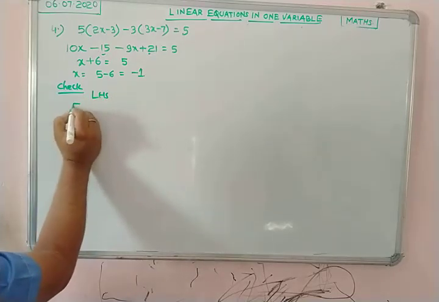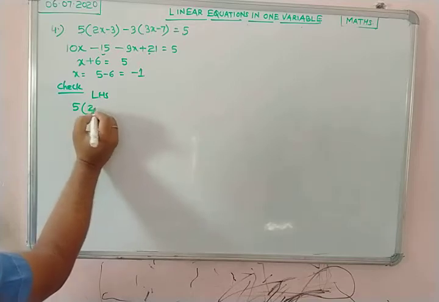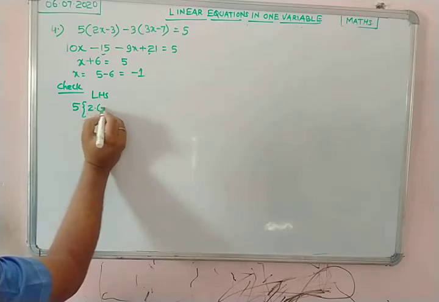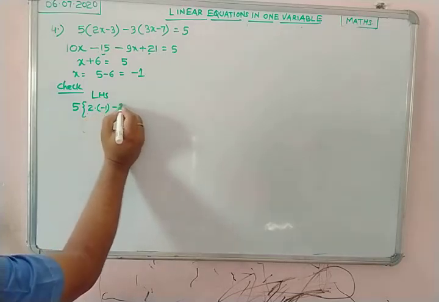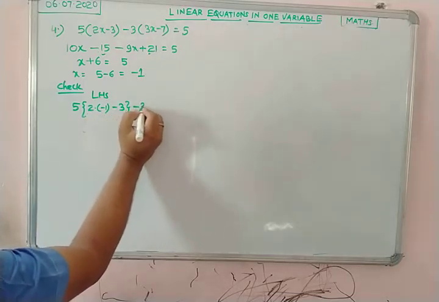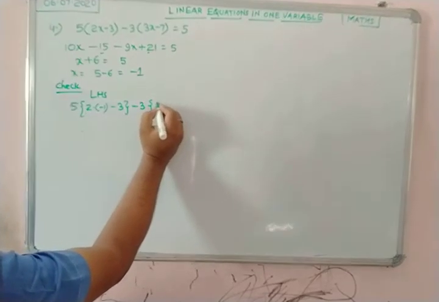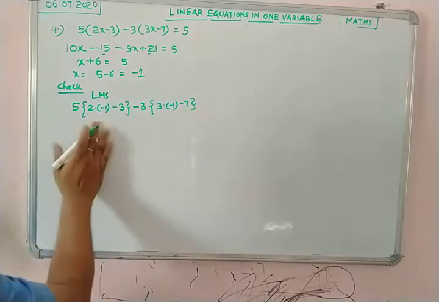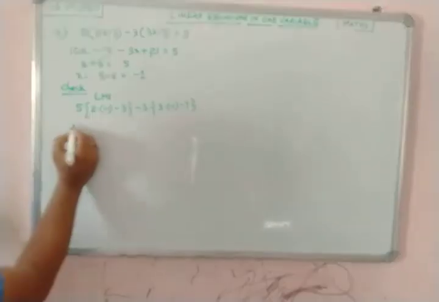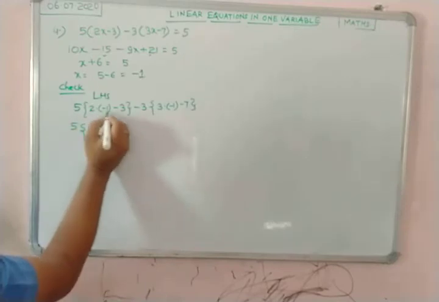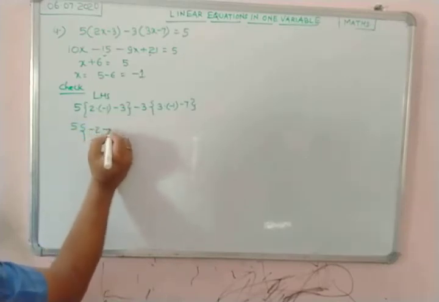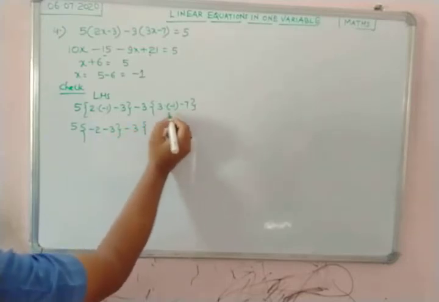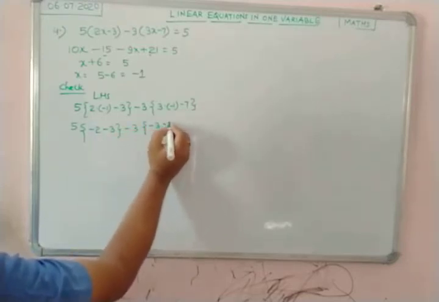LHS: 5 into 2x, so 2 into x, that means minus 1, minus 3, minus 3 into 3x, 3 into minus 1, minus 7, bracket close, middle bracket close. Now 5, 2 into minus 1 is minus 2, minus 3, minus 3 into 3 into minus 1 is minus 3.